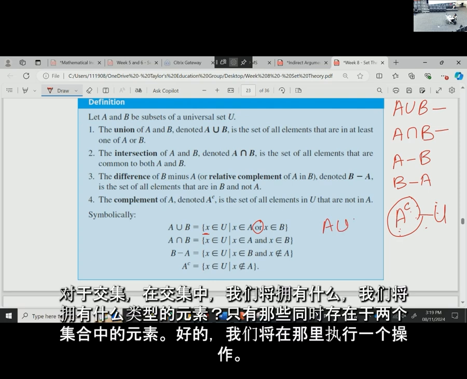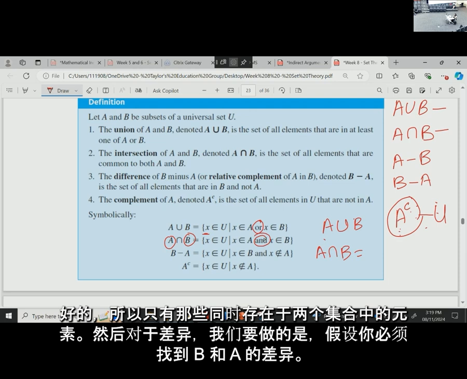For intersection, what type of elements will we have? Only those elements that are present in both of the sets. So we will perform an AND operation over there.